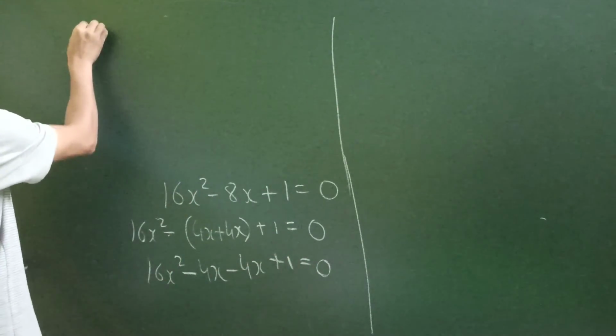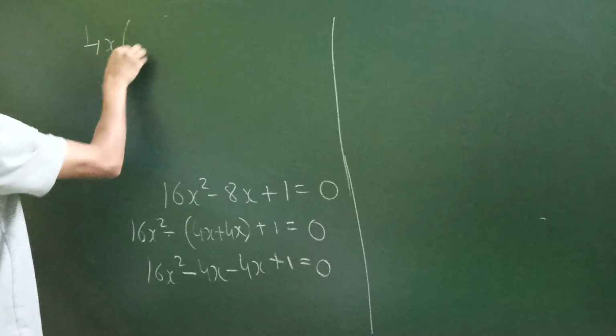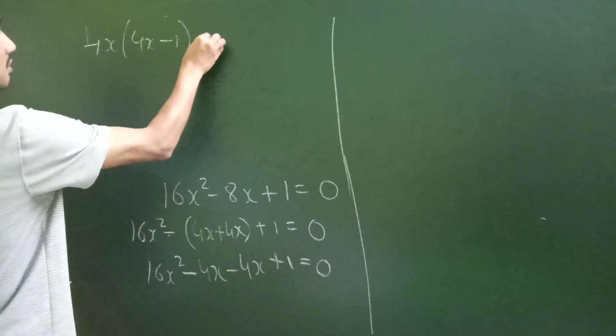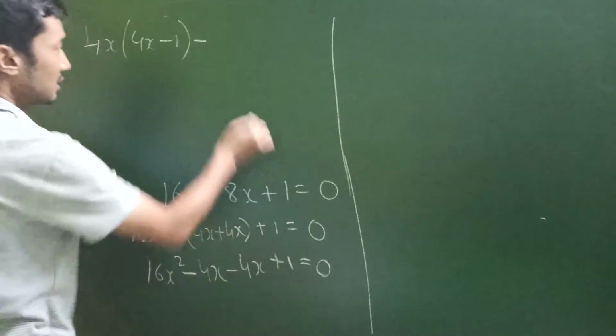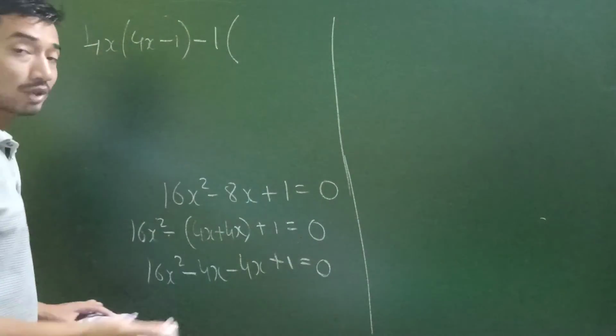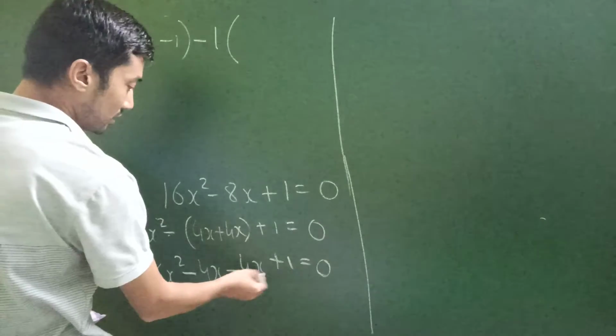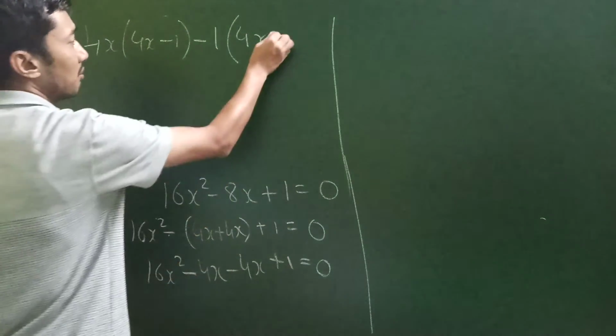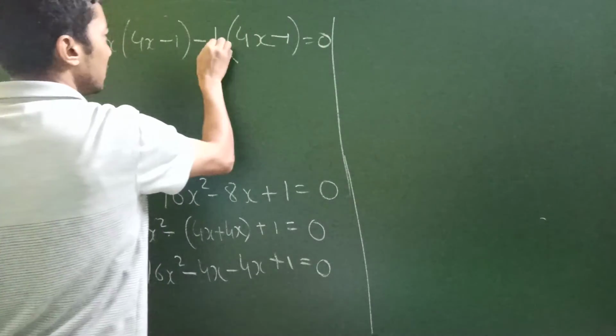So from the first two I can take 4x common. So 4x minus 1. From here always the first sign first, minus. So now nothing is common, so I will take 1 common. Okay, 1 is always common to every value. So what is left here? Minus 4x, so it will become plus 4x, minus will become minus 1, because I'm taking minus 1 common here.